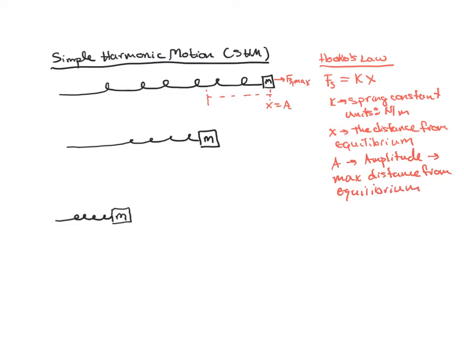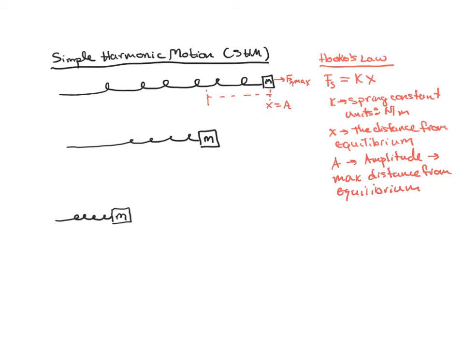And assuming that we have no friction in our system, A is going to be a constant for the system. You can't get a greater A because that means you put more energy into the system, and you can't have a smaller A because that means you lost energy from the system. So since we're ignoring friction in these problems, there's no way for us to lose energy.